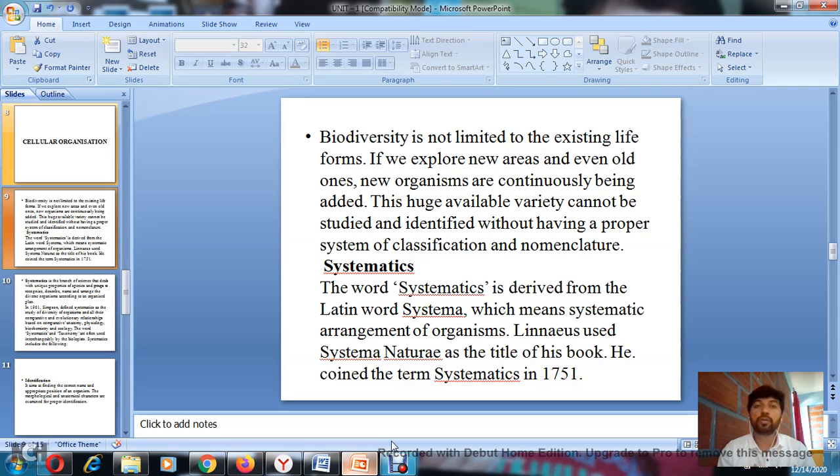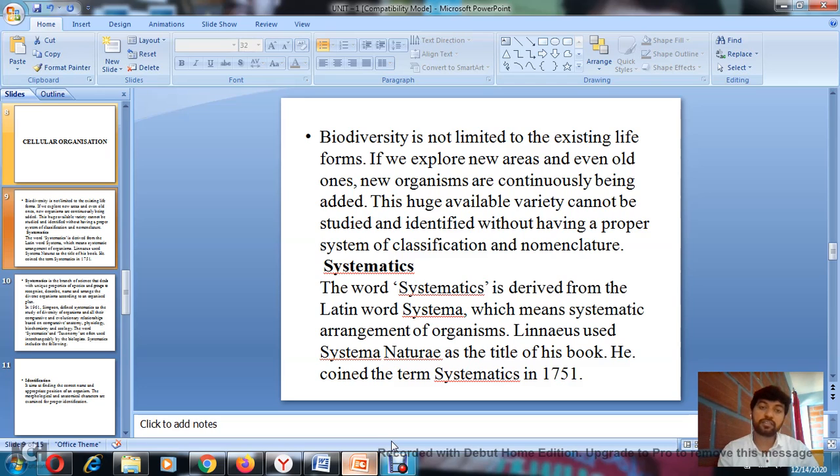Scientists have come up with a lot of ideas for identifying and naming things, right? For that purpose, they have developed a proper system of classification and nomenclature of the identified organisms, right?